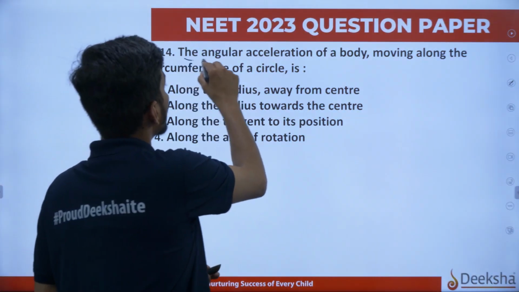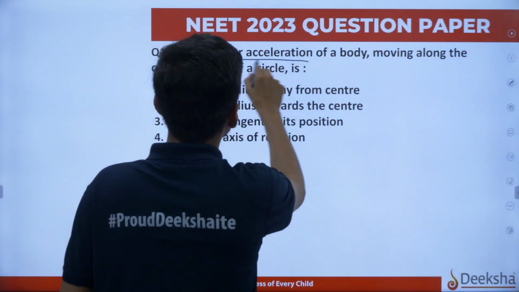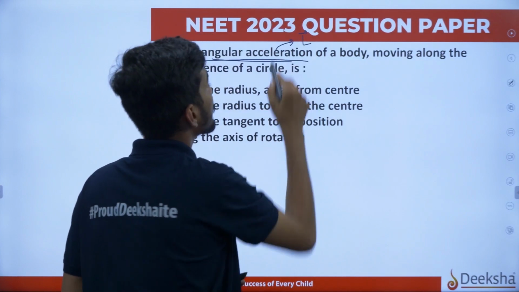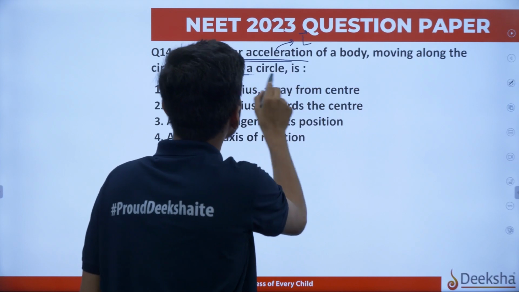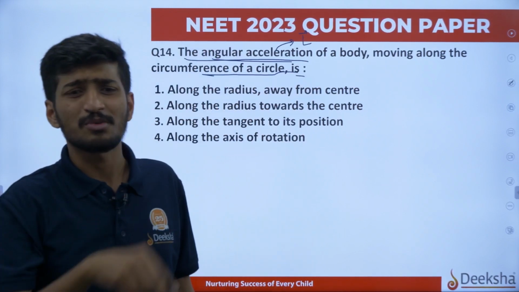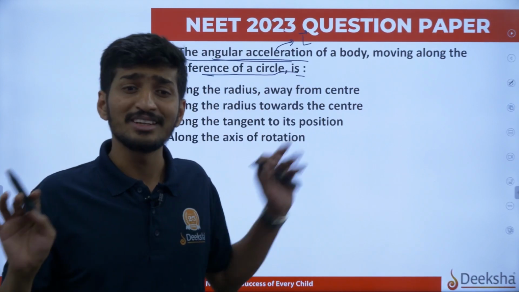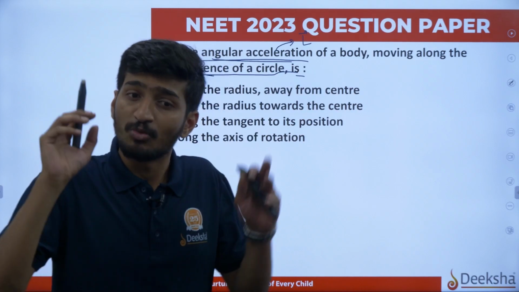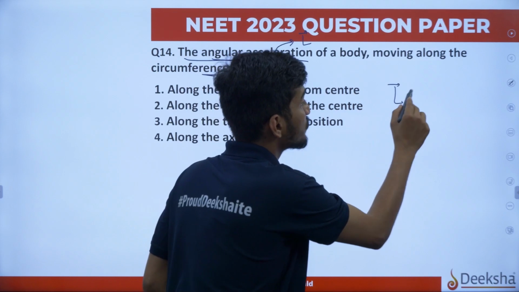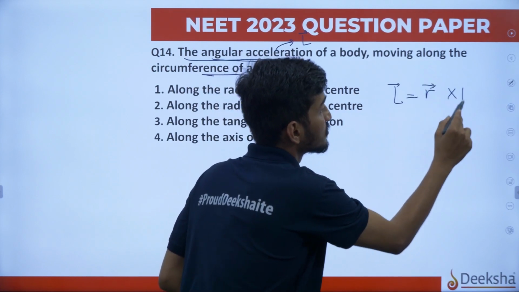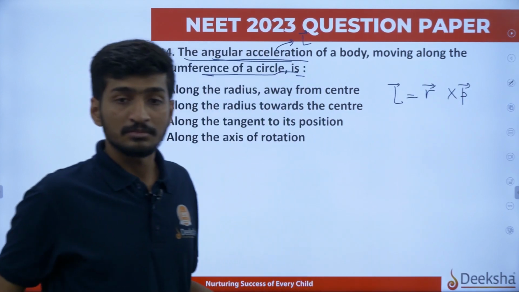Alright. So the next question from mechanics. Angular acceleration L of a body moving along a circumference of a circle is. Basically, a body is performing circular motion. Where is the angular momentum? Angular momentum L has a formula R cross P. You must remember this formula.